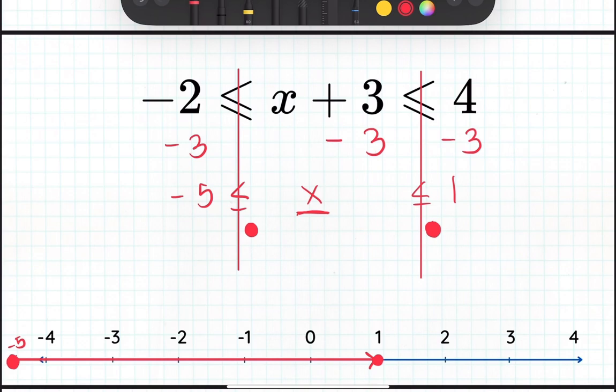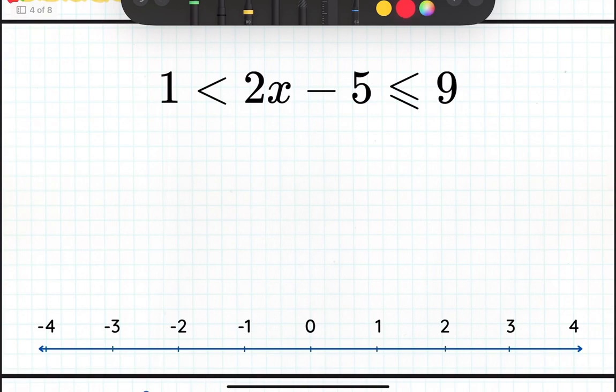But I stop here at this 1. My second rule is that x has to be less than 1, which means that I am going to draw a line going this way, because x has to be also less than 1, which basically tells me that x has to be anywhere between -5 and 1. So basically any of these numbers. So really my line would just go between -5 and 1, like that.